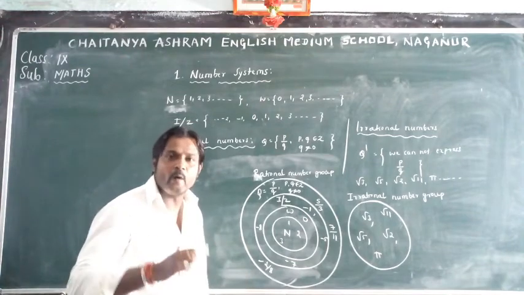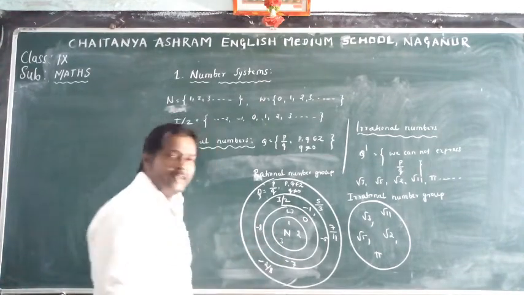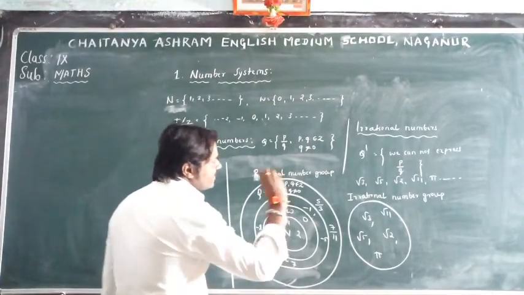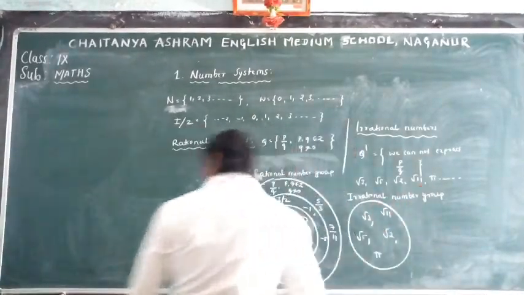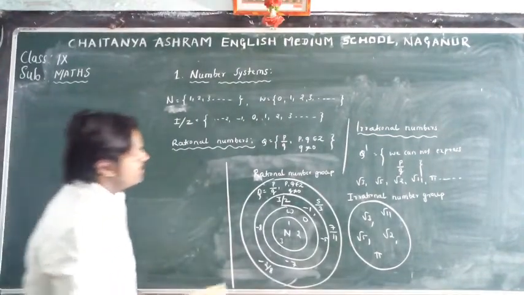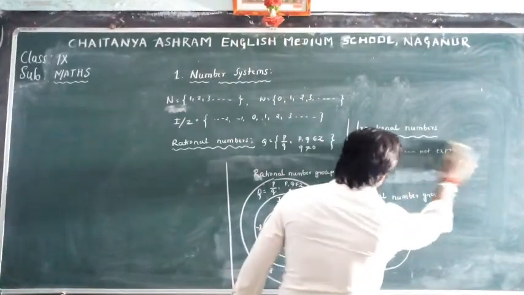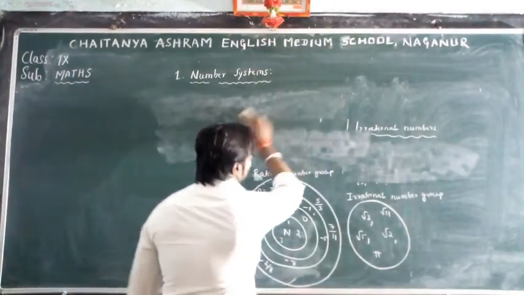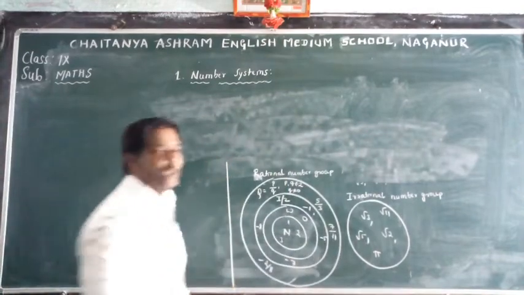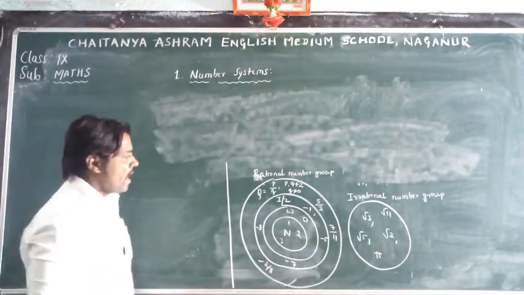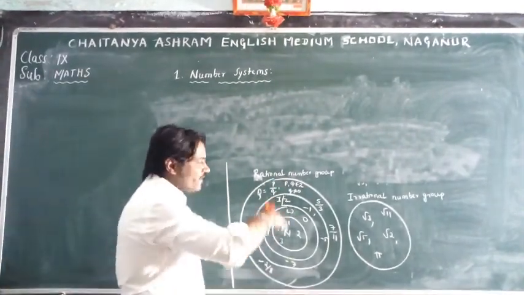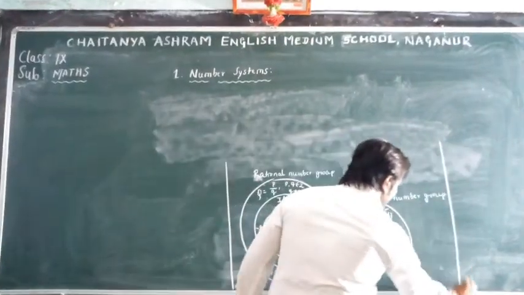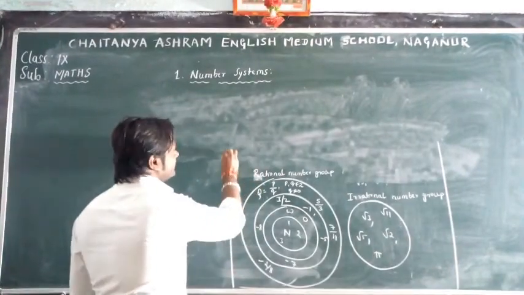Suppose now I have a bag. In that bag, I put all these rational and irrational numbers. Dear children, I have a bag. In that bag, I will insert the rational numbers and irrational numbers together.